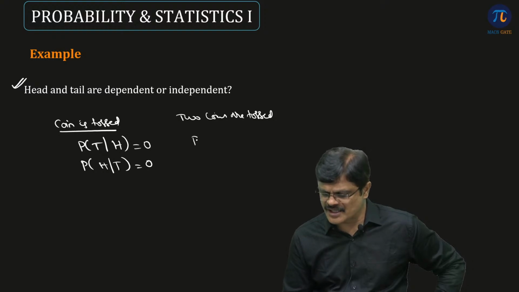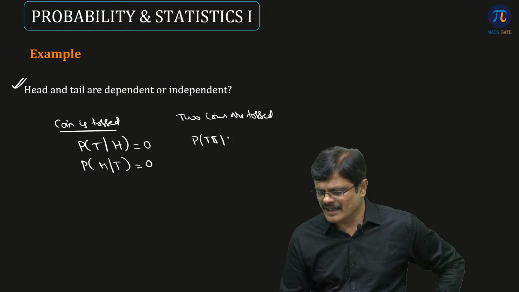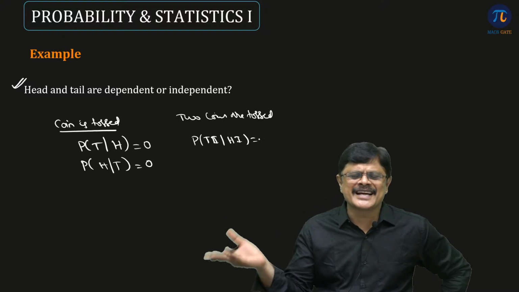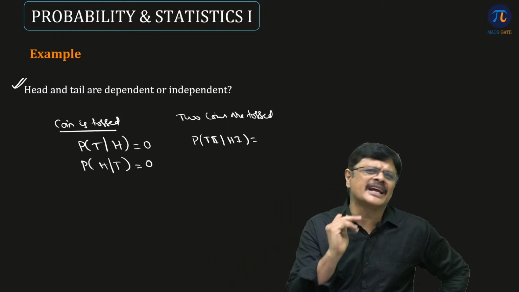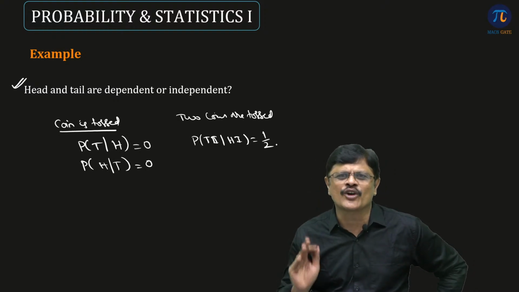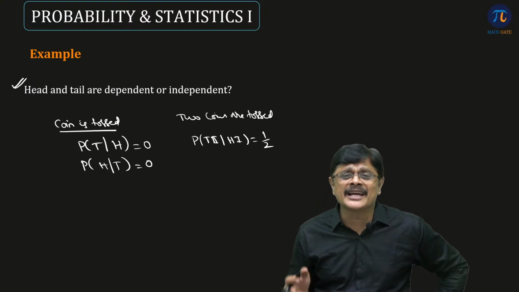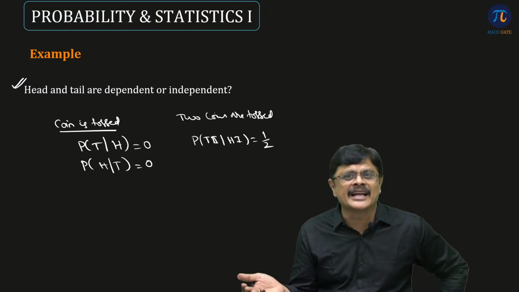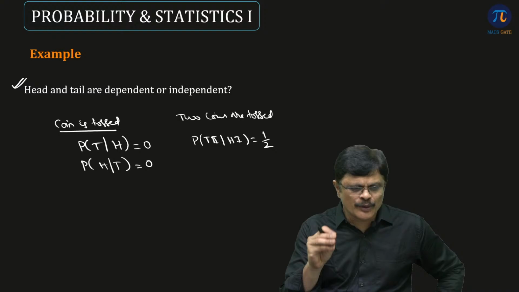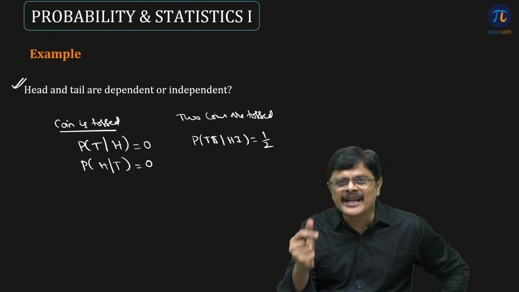What is the probability of getting tail in the second toss given head in the first toss? Whether it is head in the first toss or not does not affect tail in the second toss. So here it is 1/2, assuming the coin is fair. So here the two events, head and tail, are independent. It depends, my dear friends. So dependency and independency depends on the situation.